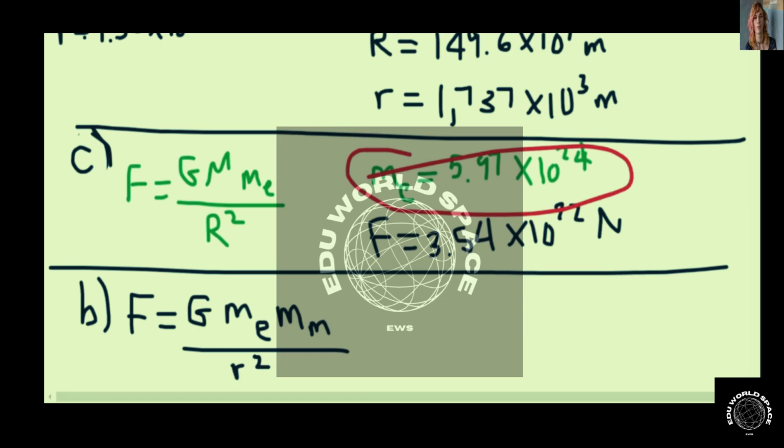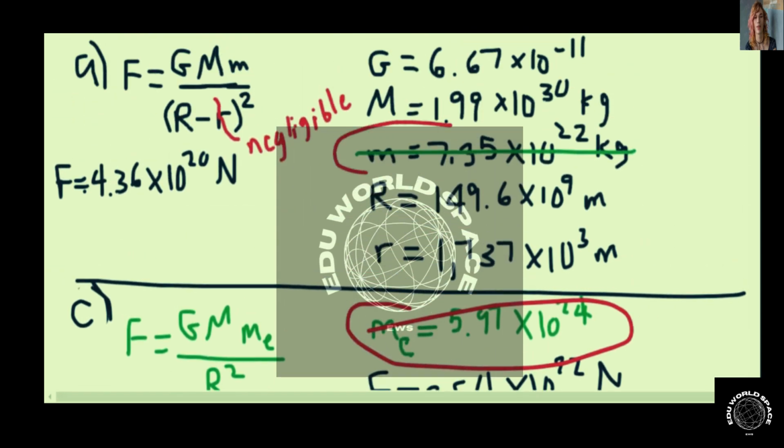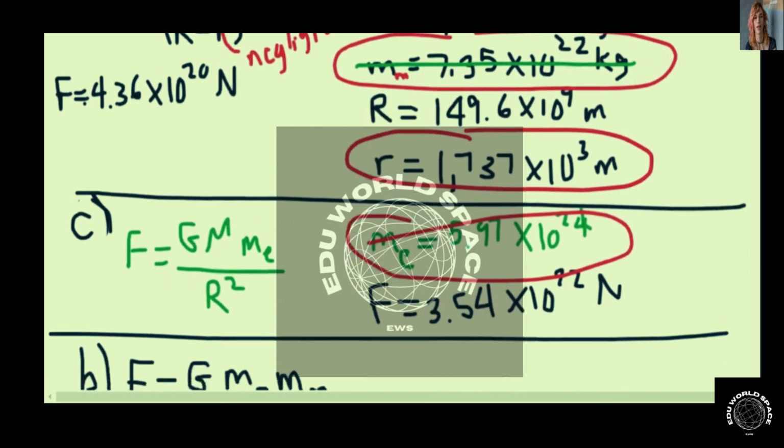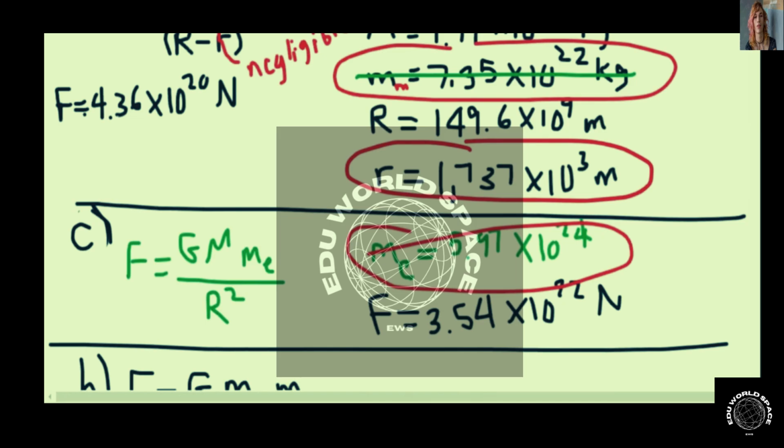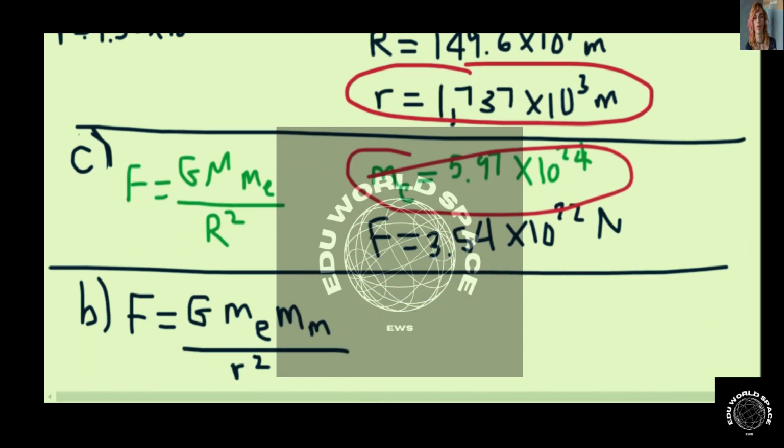So mass Earth, this is mass of the moon, and little r. So I have to put those in. So let me go ahead and do that. Okay, I already have mass Earth in from the last problem, so now I need mass of the moon. 7.35 times 10 to the 22nd power.